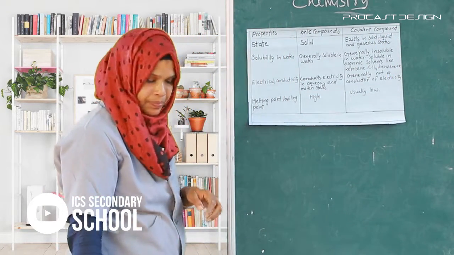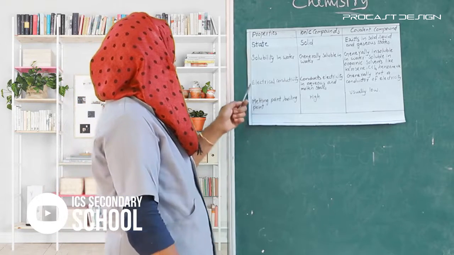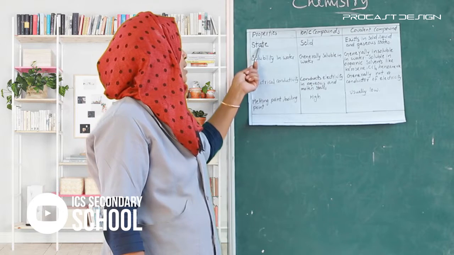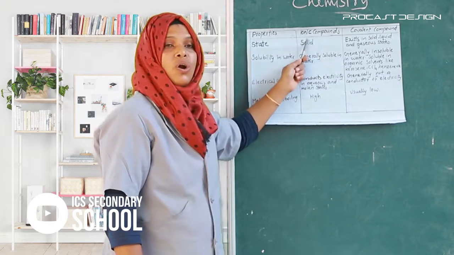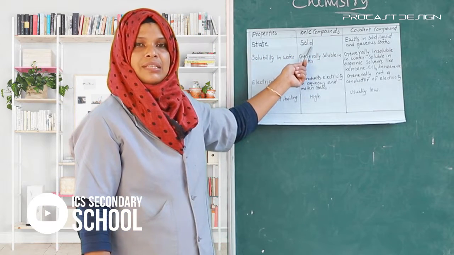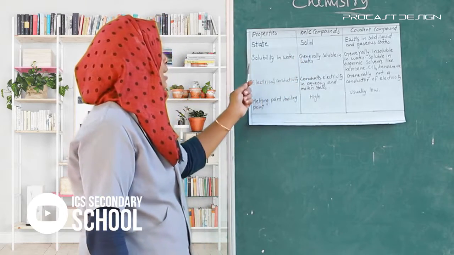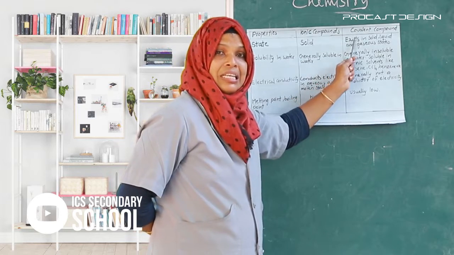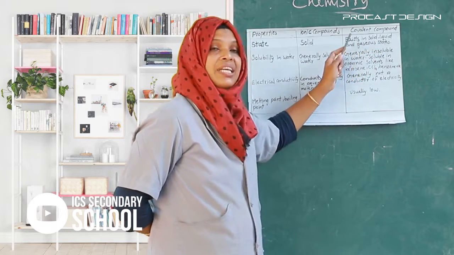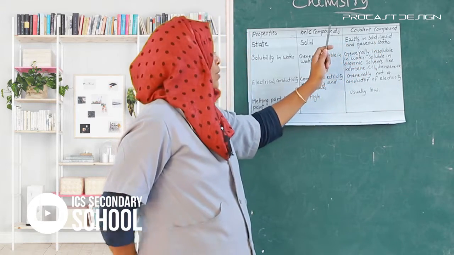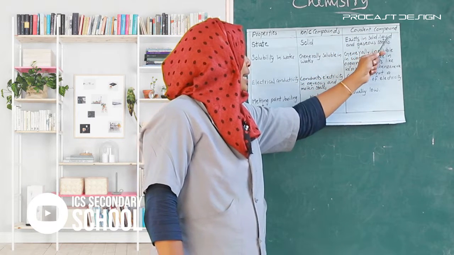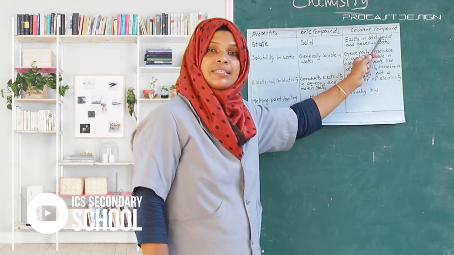First, state: ionic compounds are always in the solid state, while covalent compounds exist in solid, liquid and gaseous states.